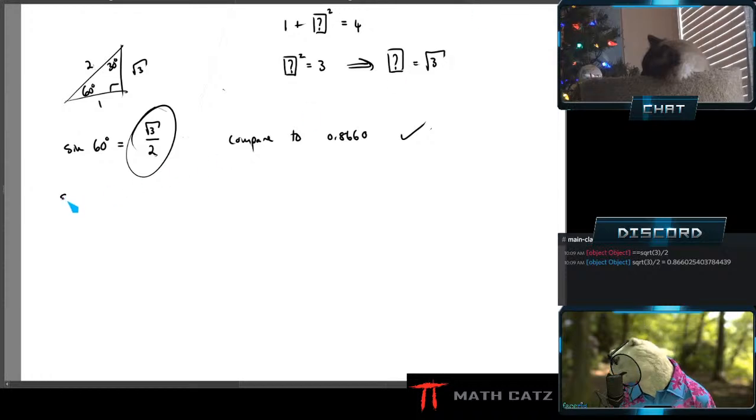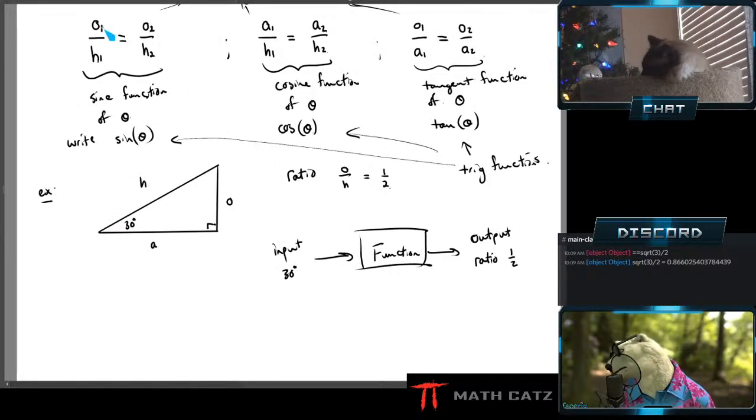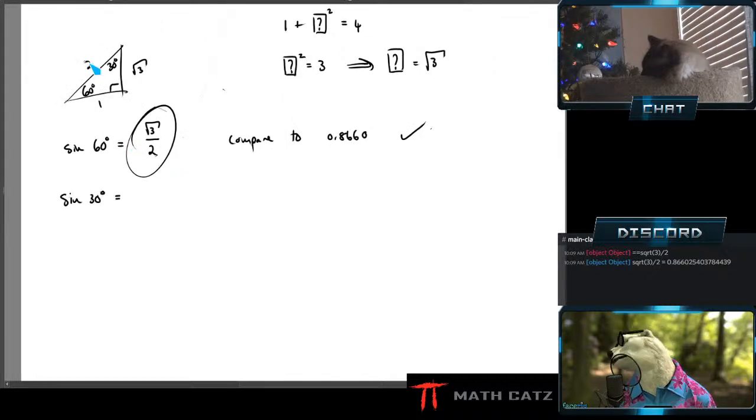Okay? I can also do sine of 30 degrees. Here I just want to be careful if you're not used to this. The sine function always takes the ratio opposite over hypotenuse. The hypotenuse doesn't change, but what is opposite changes depending on the angle I look at. For 60 degrees, opposite was the square root of 3 side. But for 30 degrees, opposite is the 1 side.